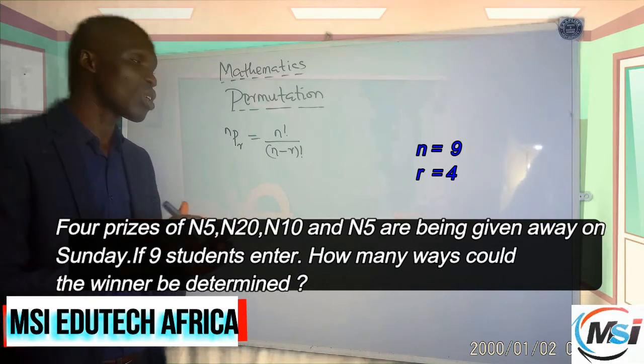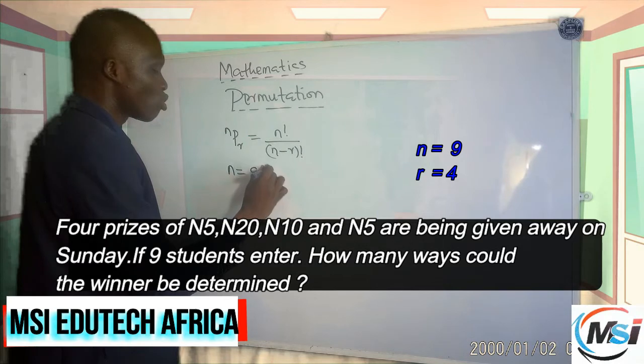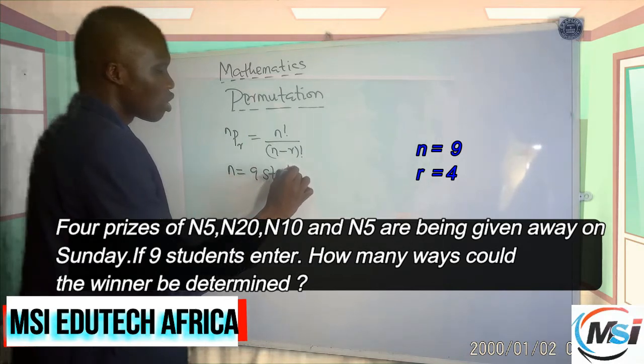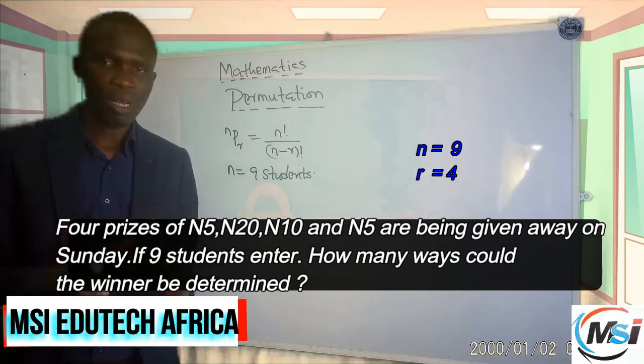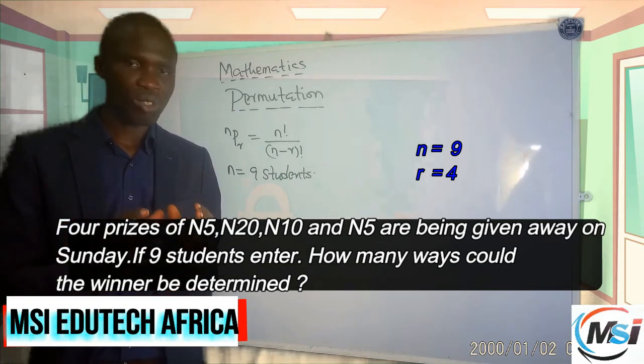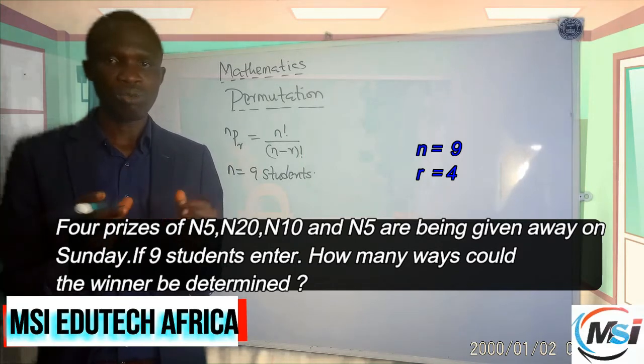From this question, we have n to be 9 students. That is the total number of students to participate in this competition, in which the winners will be drawn.